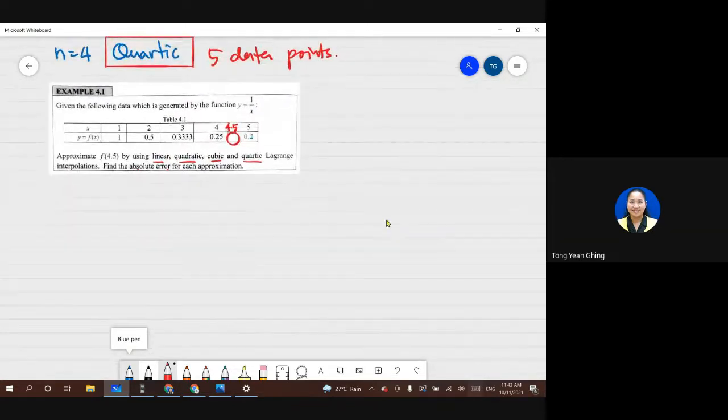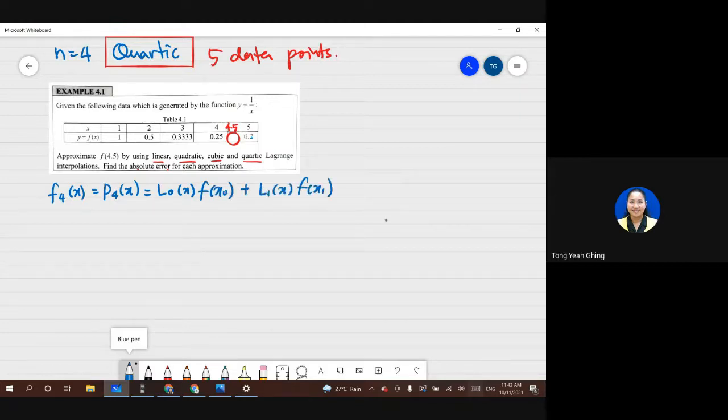So we'll use this table. So the f(x) will be, that means P4(x) is equal to L0(x) f(x0) plus L1(x) f(x1) plus L2(x) f(x2) plus L3(x) f(x3) plus L4(x) f(x4).